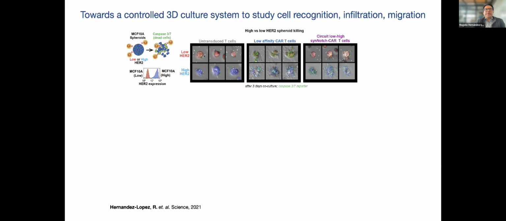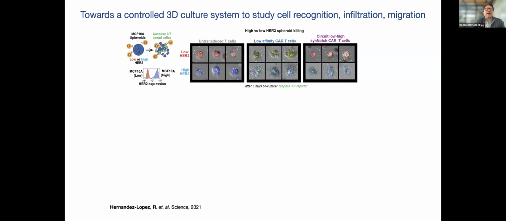What I'm showing you here is just a projection of these spheroids, but these are little blobs. In red, you see the spheroids that are expressing low levels, and in blue, the ones that express high levels. And in orange and in these yellow dots are the T cells.